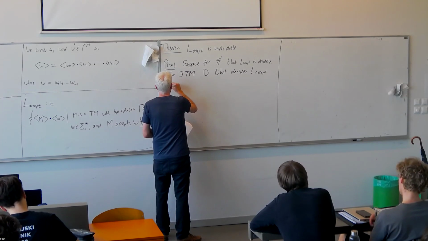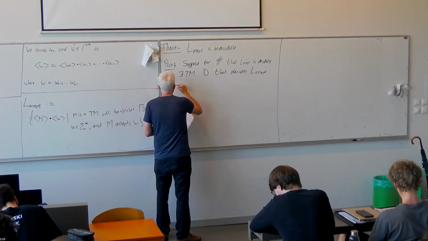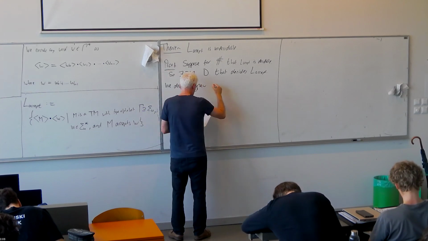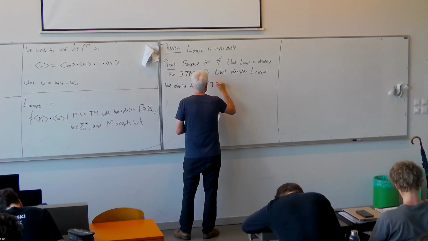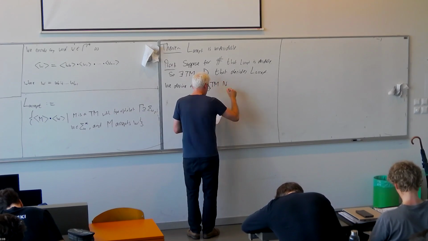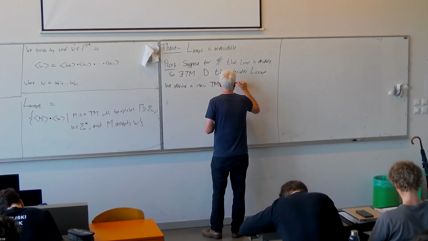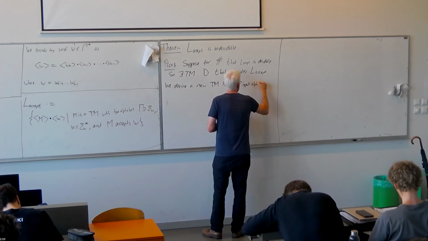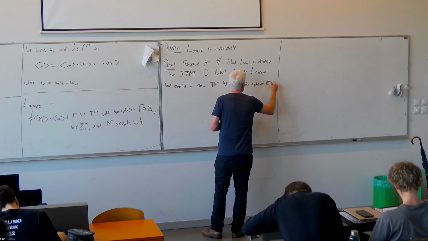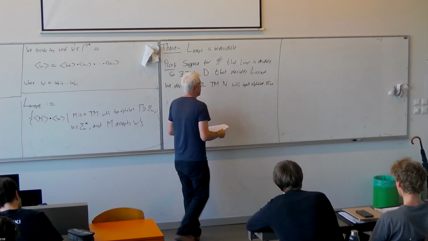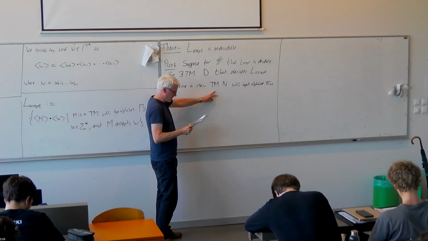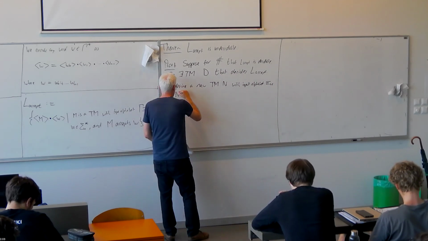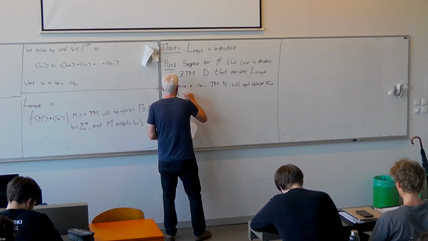So we're going to use D to define a new Turing machine N with input alphabet sigma union. And this machine N works as follows. So N reads its input string.